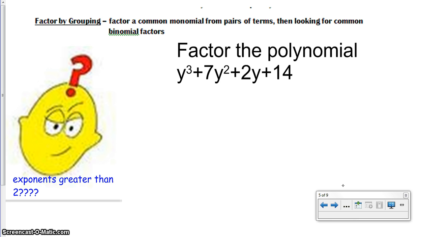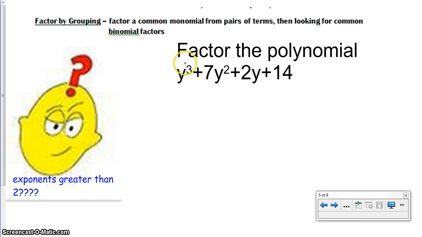Now, what about factor by grouping? When you get into high school, you're going to do a whole lot more of this, okay? We're going to basically train our sights on cubics. And there are many, many ways to figure this out, but this is the one that works easiest for Mrs. Rose.